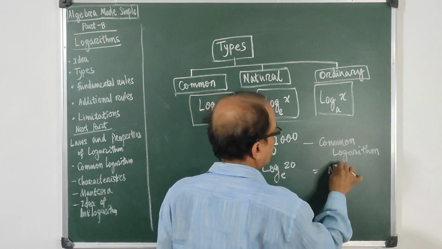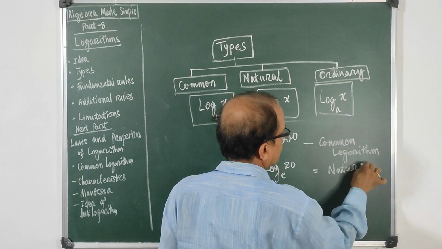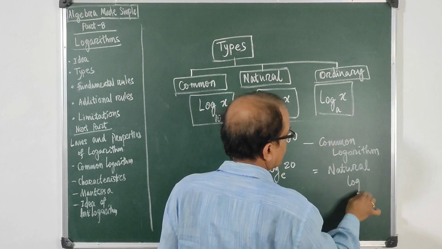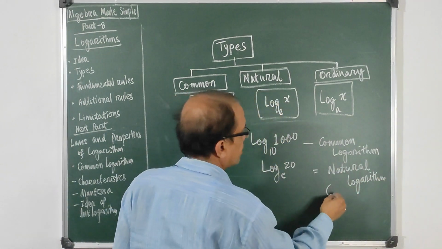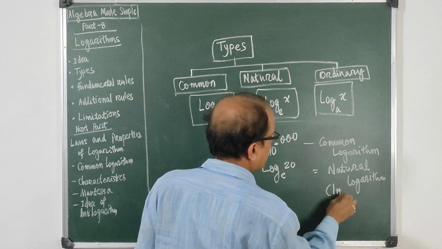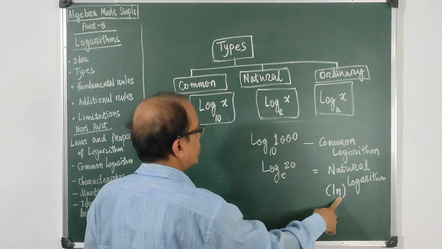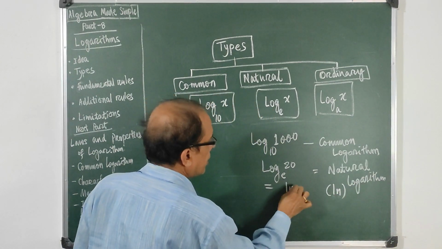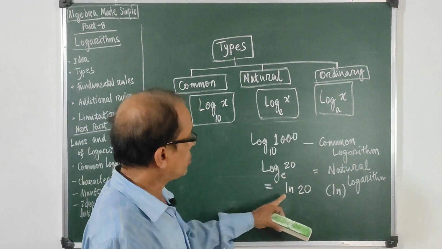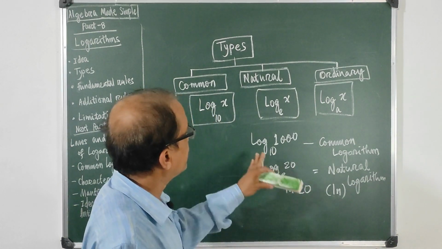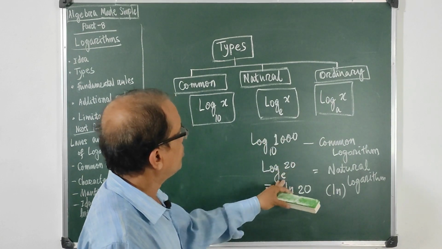This is natural logarithm. And this natural logarithm is sometimes written as ln, L for logarithm, n for natural. So this is also written as ln 20. We do not mention e here, just write ln 20. It will indicate log 20 to the base e.